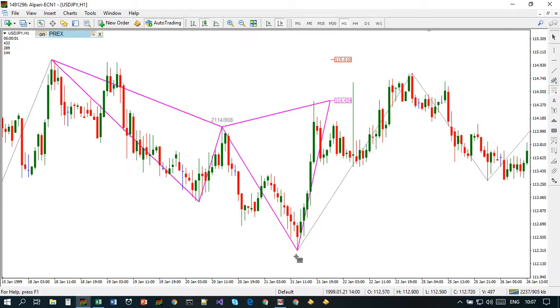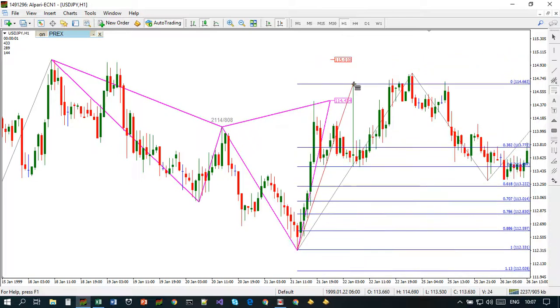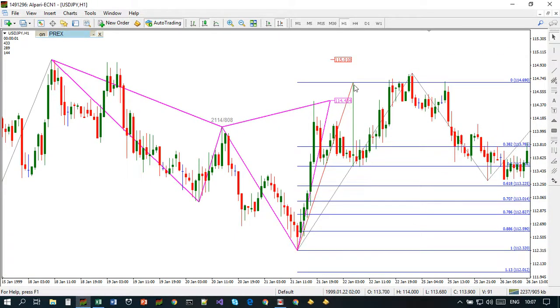The next pattern is the cipher, and after the completion of the pattern we have this breaking back, not breaking back, sorry, but initial reaction, and for a reversal to start we should have two red candles, two consecutive red candles, and we only had the spike to the downside, and then we have a movement to the upside.